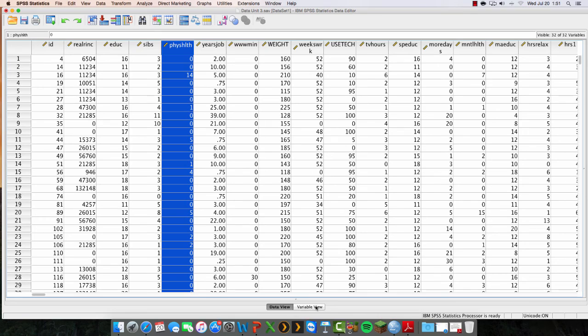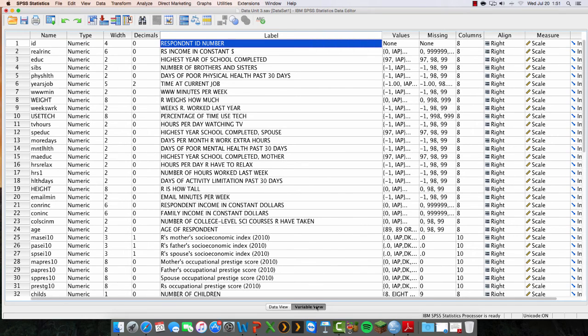So let's look back in the variable view and think about some of the possible relationships, right? Education and poor mental health, maybe schools driving you crazy, respondents' income and family income. I've got to guess those are pretty closely correlated. There's all kinds of stuff going on here.